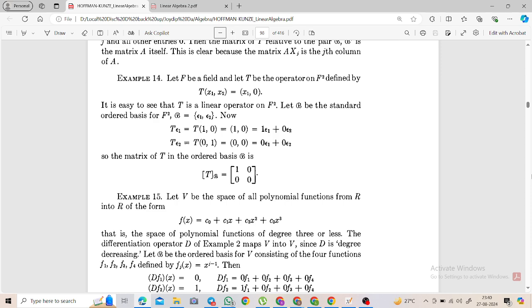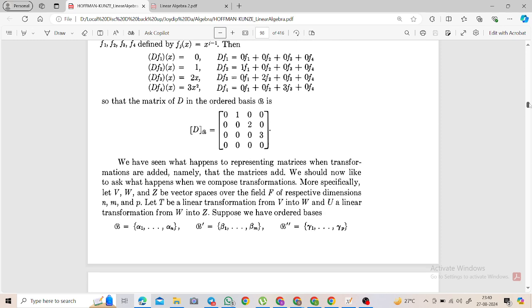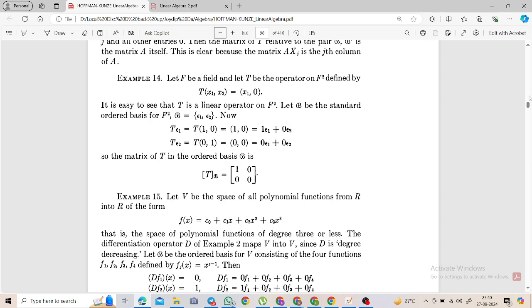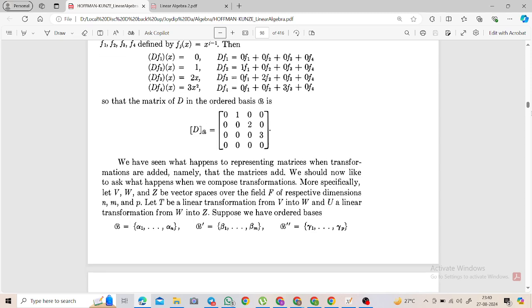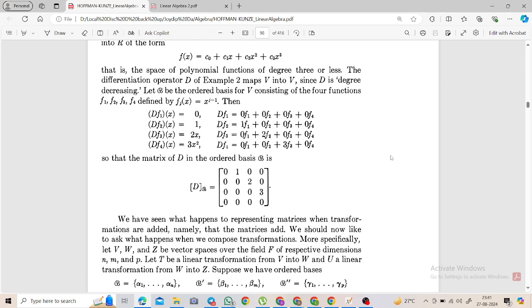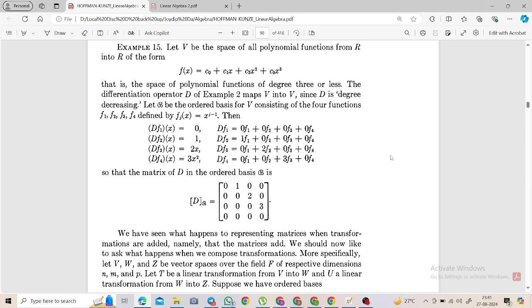Let V be the space of all polynomial functions. This is also a very important example, where differentiation is the linear map. They have taken the basis 1, x, x square, x cube.